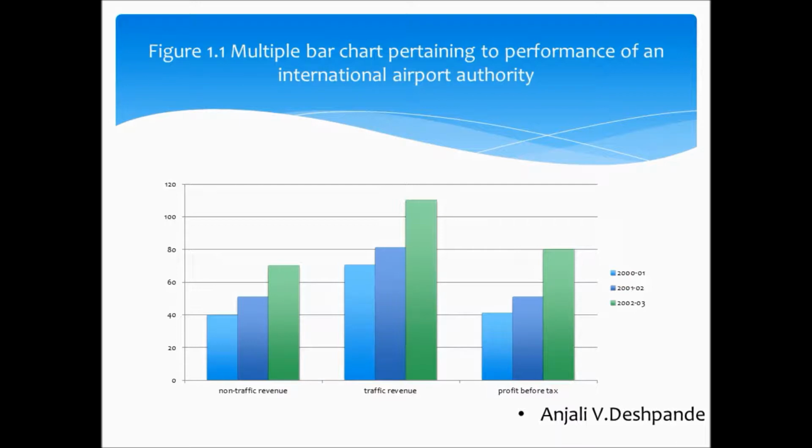And of course here we can see on this side the labels, that is the non-traffic revenue, the traffic revenue, and the profit before tax. So this is the example of the multiple bar chart pertaining to the performance of an international airport authority.